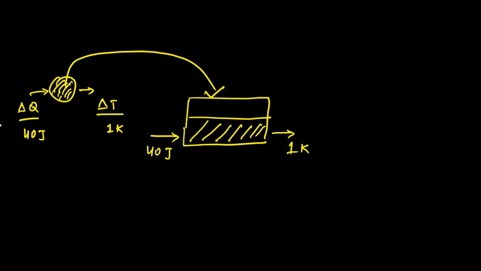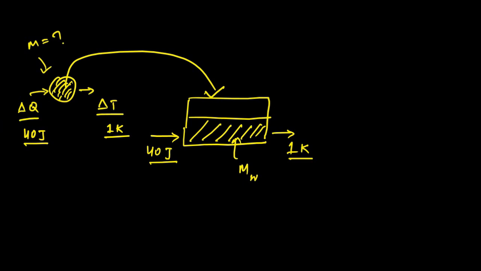Here the mass of this object is not known, but we have to find the equivalent mass of water for which 40 joules will cause a 1 Kelvin change in temperature.